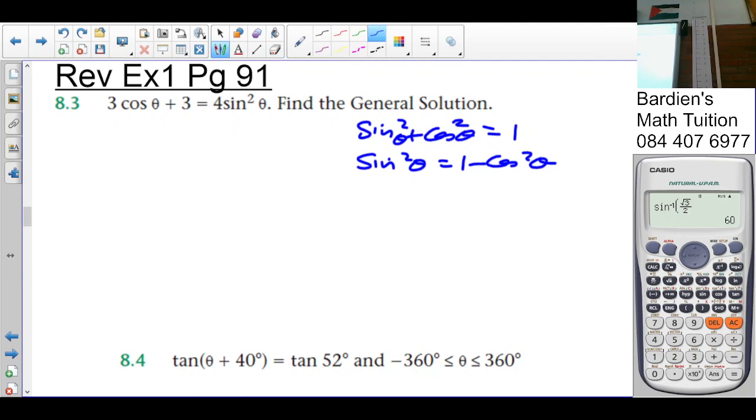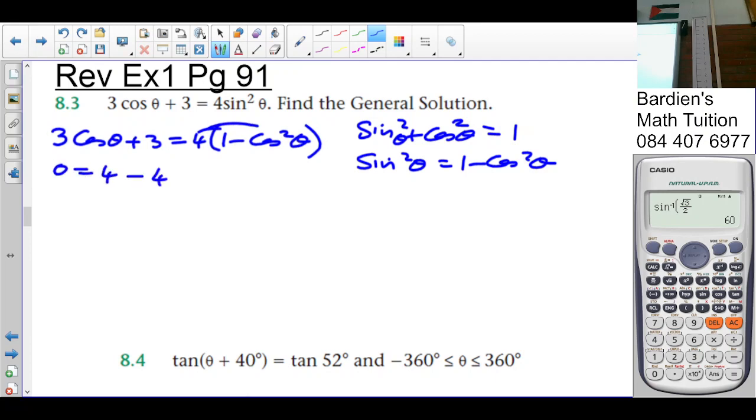So what we do is we say, okay, you've got 3 cos theta plus 3 equals 4 into 1 minus cos squared theta. Multiply that in, I get 0 is equal to 4 minus 4 cos squared theta minus 3 cos theta minus 3. So it's going to be negative 4 cos squared theta minus 3 cos theta plus 1.